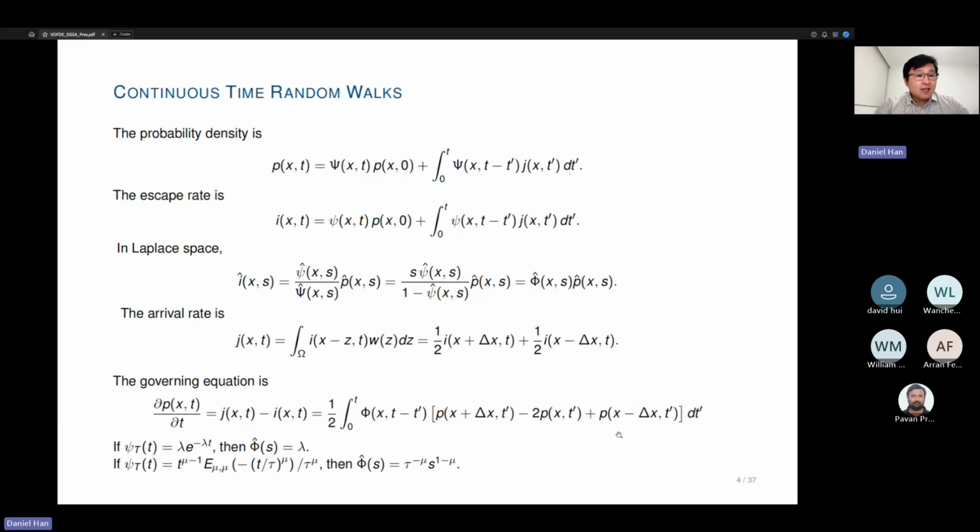This looks frighteningly similar to your typical diffusion equation formulation from a random walk, except now you have this phi of x, t minus t prime, which is essentially describing the amount of escape or arrival that's occurring because of a non-constant rate. And you can see this also when you take the Laplace transforms of your waiting time densities: for an exponential, the kernel just becomes constant, whereas for a power law or heavy-tailed waiting time distribution, you have something that actually depends on the Laplace space variable s here.